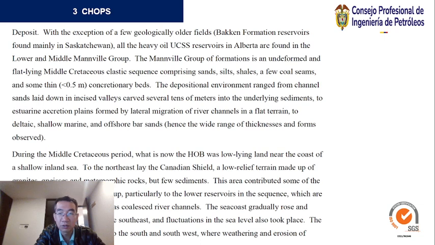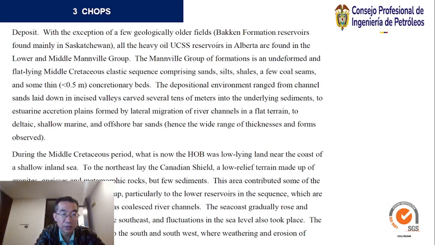This area contributed some of the sediments in the Mannville group, particularly to the lower reservoirs in the sequence, which are mainly alluvial sediments, such as coarse river channels. The sea coast gradually rose and moved from the northeast to the southeast, and fluctuations in the sea level also took place.